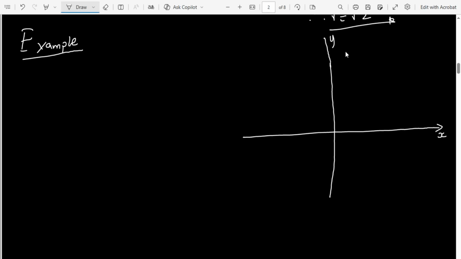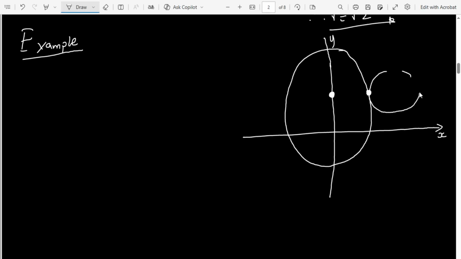Let me first put my circle there. So this circle, let's put the radius somewhere there on the y-axis. Please pay attention to where the radius is on the y-axis, and let's put another circle that touches this point at one point.